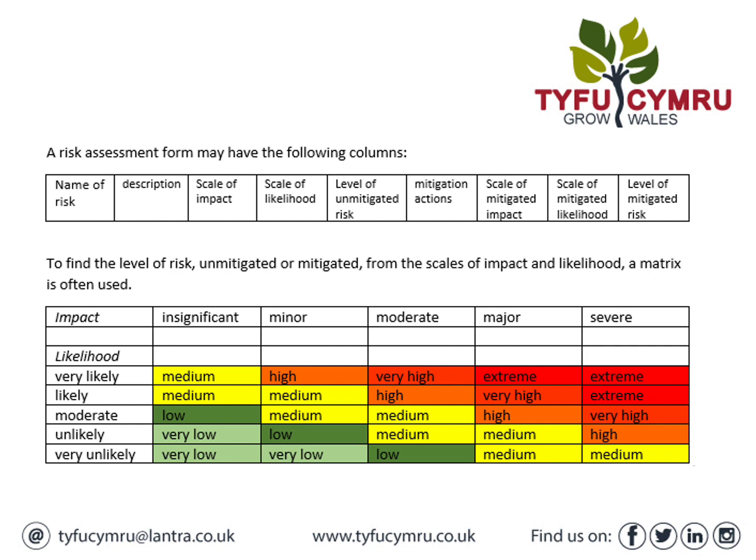So a minor impact paired with very likely gives you high. To give you another example, a major impact but very unlikely to occur gives you, coloured in yellow there, a medium level of risk. So that's a very useful table for investigating the level of risk, whether it's the unmitigated one or the mitigated one.